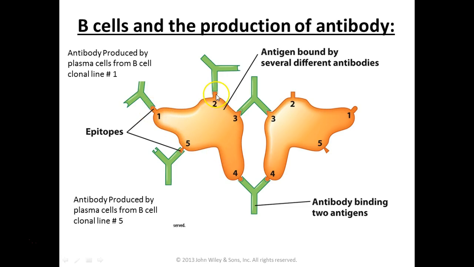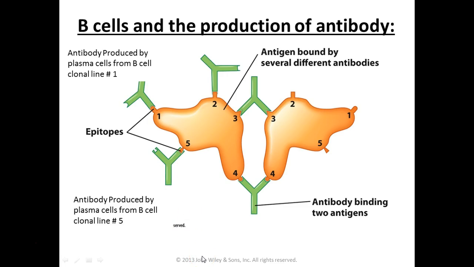So we're zooming in on it. You can see how they're different shapes to represent the different parts of that molecule that are unique. This antibody number 1 that's binding to epitope number 1 was made from, say, B cell clone line number 1. A totally different naive or memory B cell was activated and produced 2, 3, 4, or 5, right?